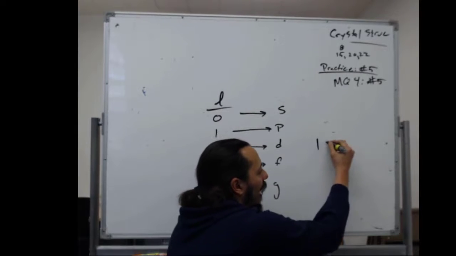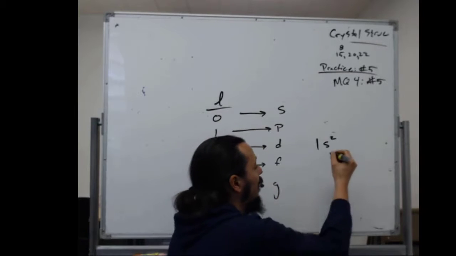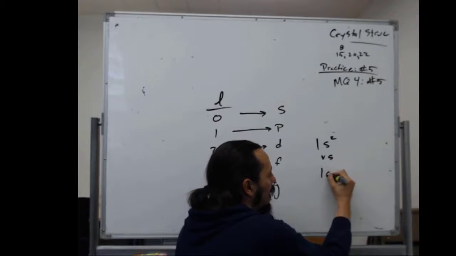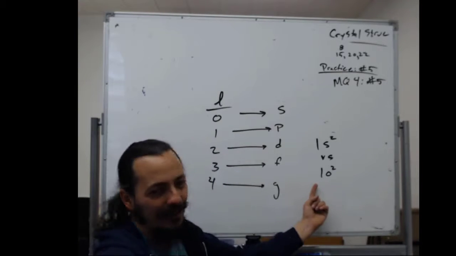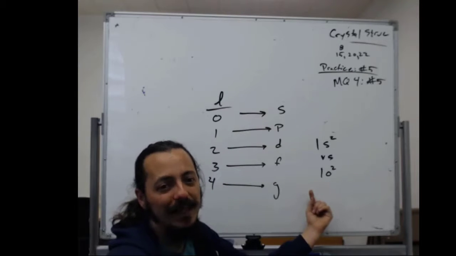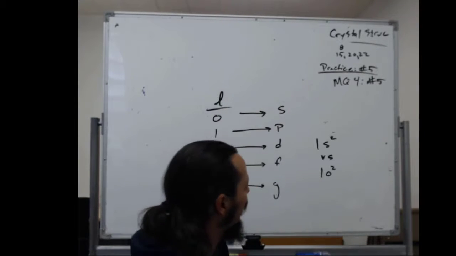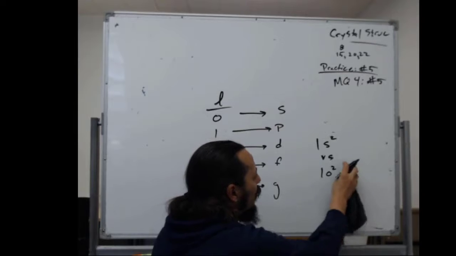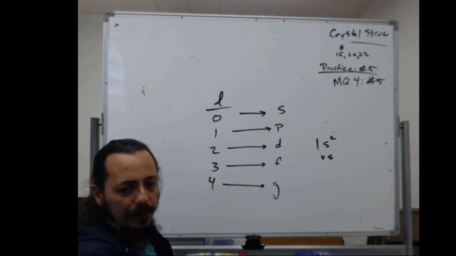You can imagine how it would look if I wrote 1s2 versus 1, 0 squared. It becomes harder to parse what's happening if we just kept using the quantum numbers. It becomes really difficult to tell what's going on. So we use these letter codes.